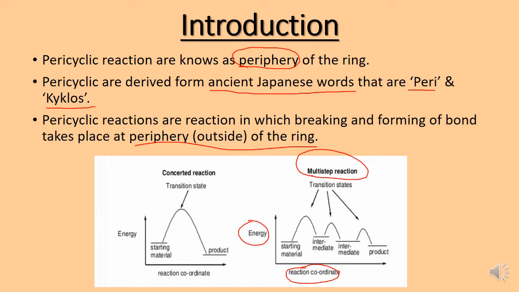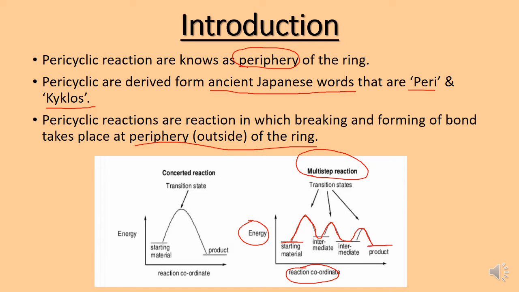Here is the starting material, the reactant. Here a transition state, here an intermediate is forming, here also a transition state, here an intermediate is forming, and likewise a transition state, and here you get the product. So here three transition states and two intermediates are formed.